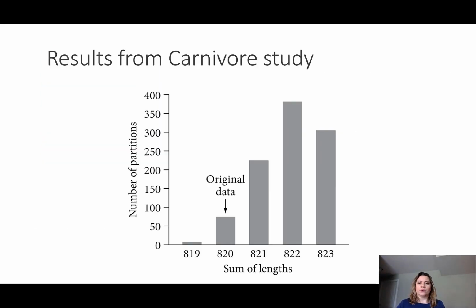Here is the output of that study. Imagine that 1,000 replicates were run in which the morphological and molecular partitions were combined. These are the results, from the morphological and the molecular data combined.